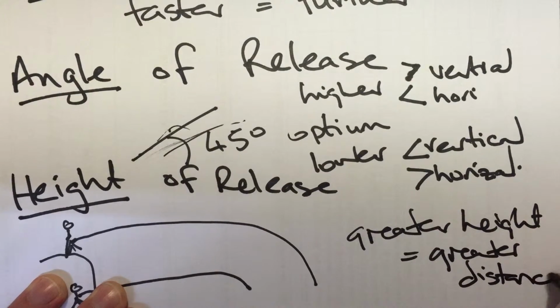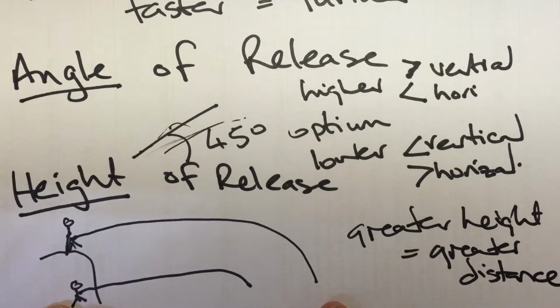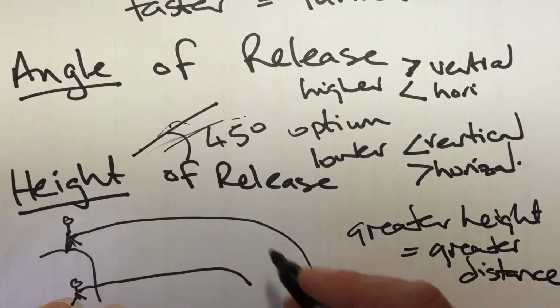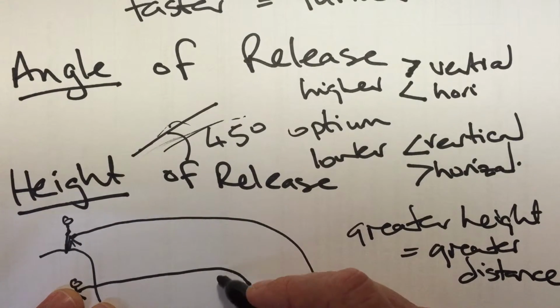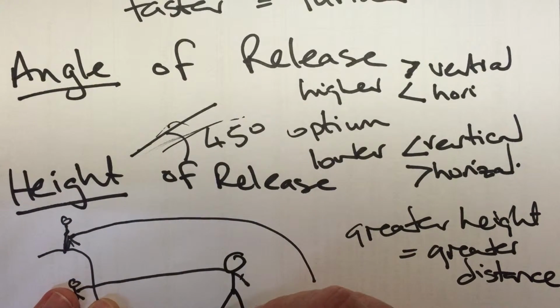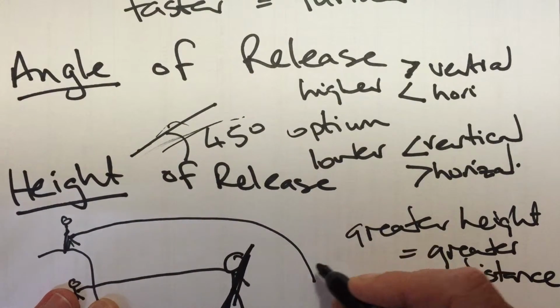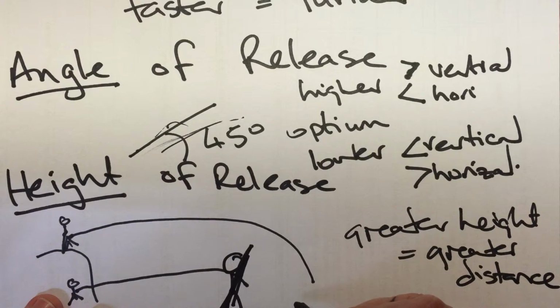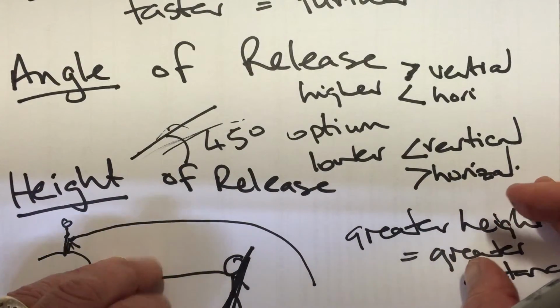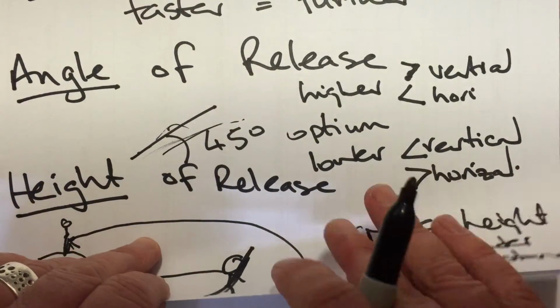So how can you change that with the human body? Have a think about whether your athlete extends fully. Again, think about your shot putter, and when they go to release the ball, are they fully extended, or is there still flexion in their knees and their hips, and perhaps at their elbow? So there are things that they could do to improve their height of release, even though they can't grow.